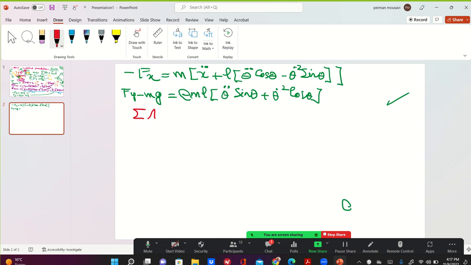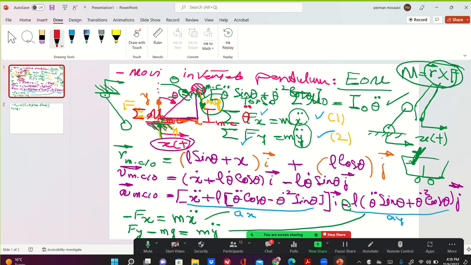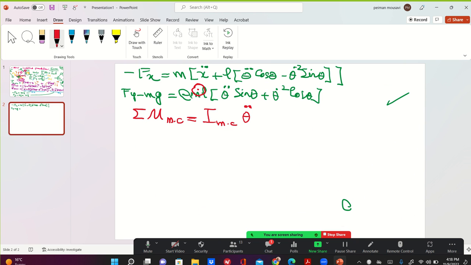Sum of the moments around the mass center, not around point O, because your friend said that point O is moving, so that is not valid. I_MC theta double dot. Now, judging your skill, because I taught you a million times from chapter 2, what's the mass moment of inertia of a particle around its own mass center? Ahmad, that's you? Yeah, good. So it's 0.